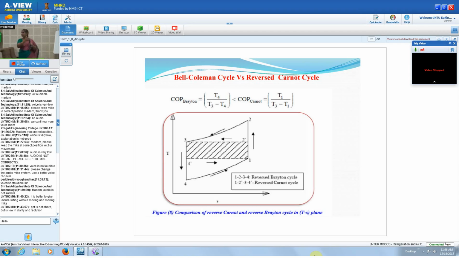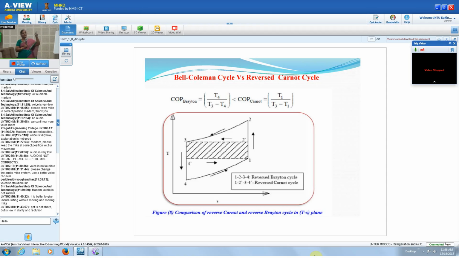From the previous relation with the T's, we can get the COP of the Brayton cycle as T4 by T3 minus T4, where T4 is nothing but the refrigerant coming from the expander.